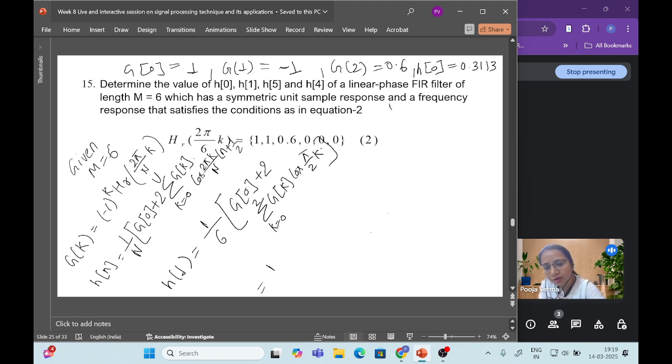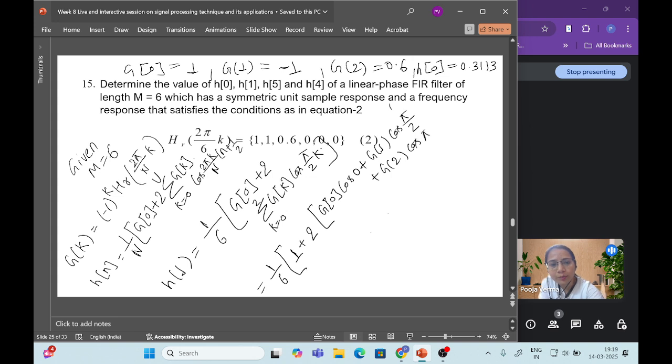Now further if we solve it, 1 by 6, g0 is 1, 1 plus 2, just open this summation, that is g0 cos 0 plus g1 cos pi by 2 plus g2 cos pi, because k is equal to 2, so 2 will be cancelled out, cos pi.